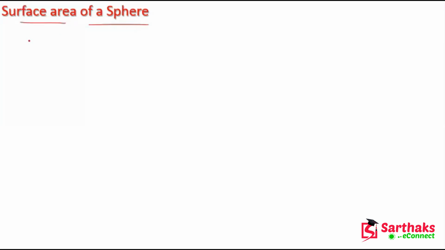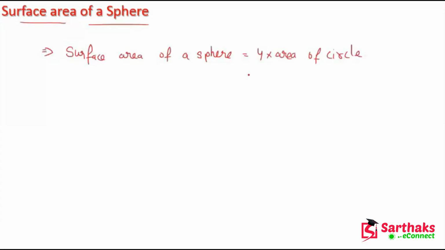The surface area of a sphere of radius r is equal to 4 times the area of a circle.